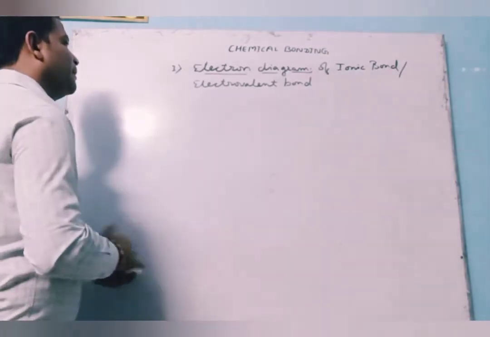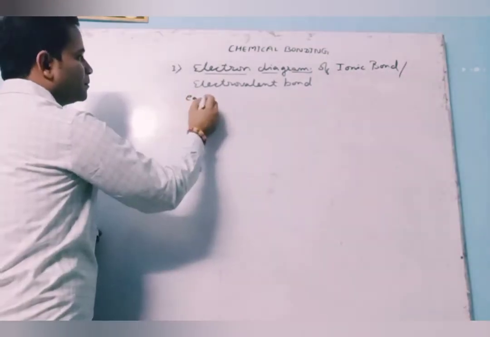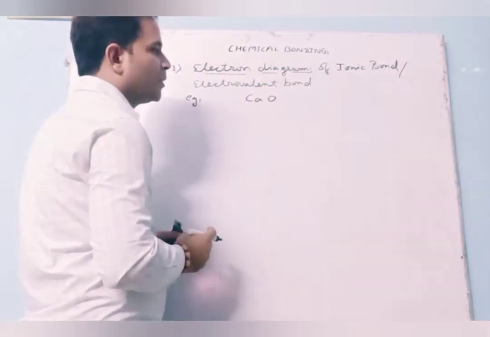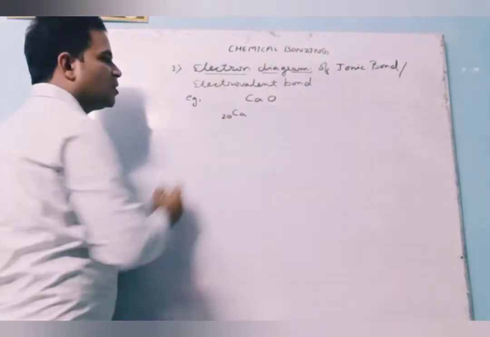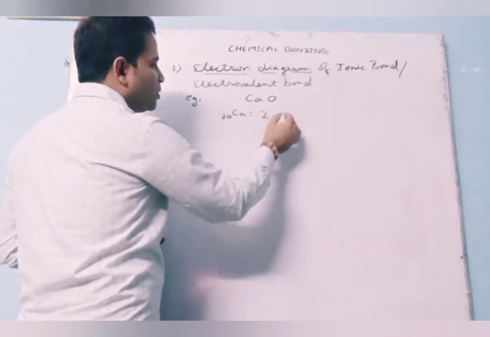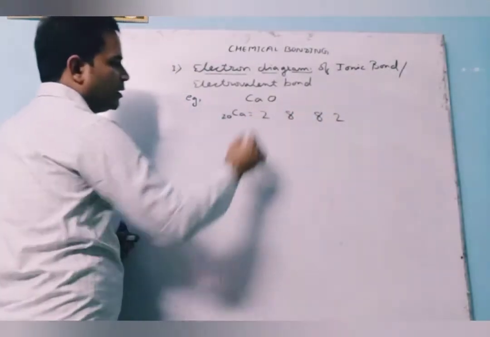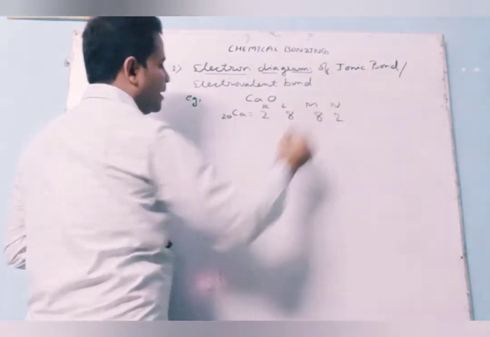Take here the electron dot structure of calcium oxide, CaO. So what we know, the calcium atomic number is 20. So the electronic configuration is 2, 8, 8, 2 in K cell, L cell, M cell and N cell.